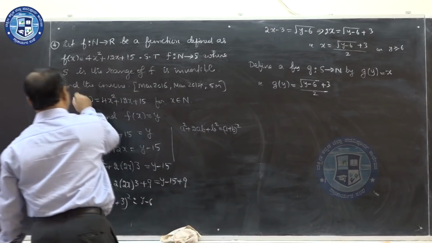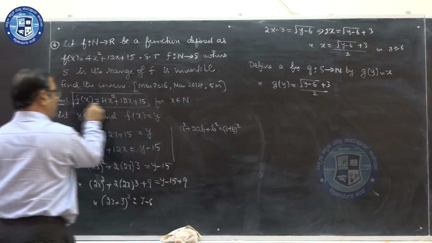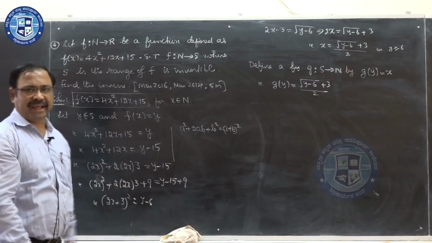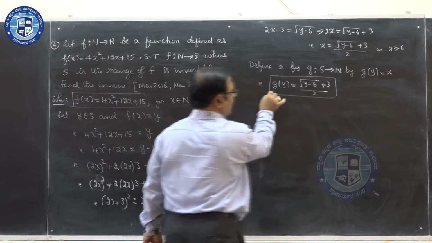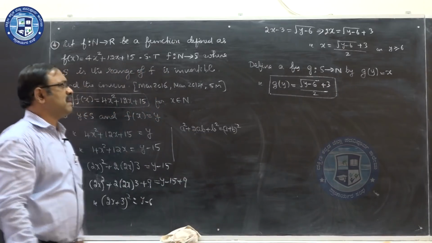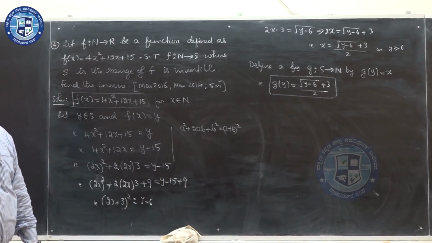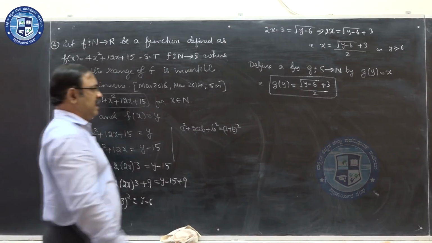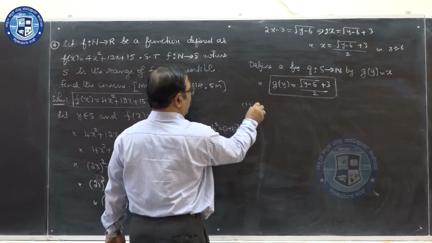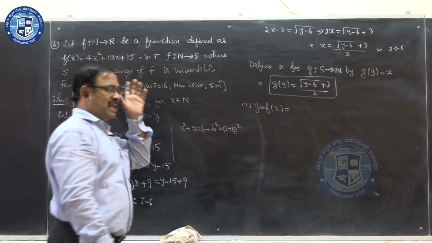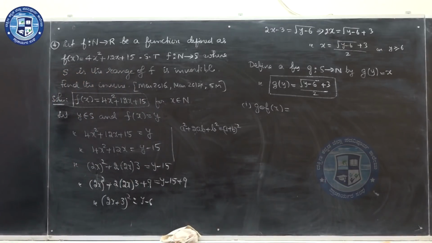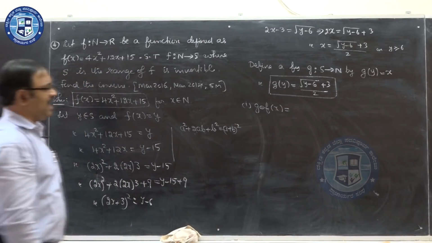So I have got f of x is equal to 4x square plus 12x plus 15. So what is g of y? G of y is equal to root of y minus 6, minus 3 by 2. Problem is very lengthy here. See, we have to now write g composite f of x. Okay, let us write g composite f of x.